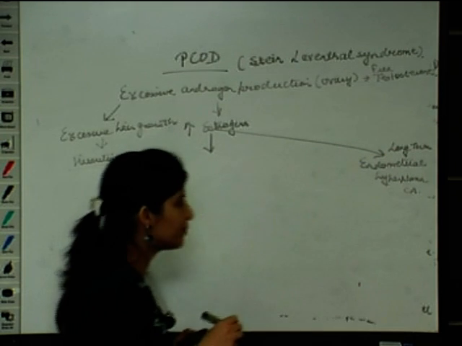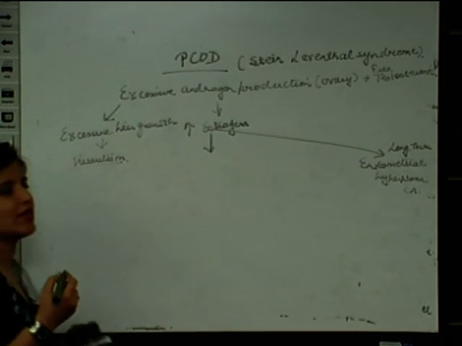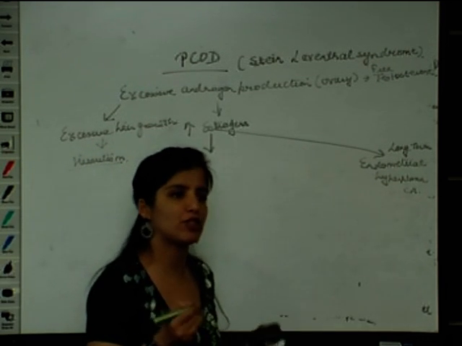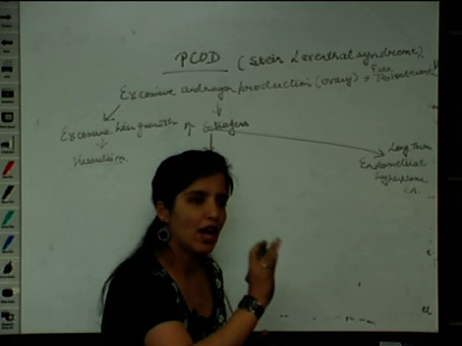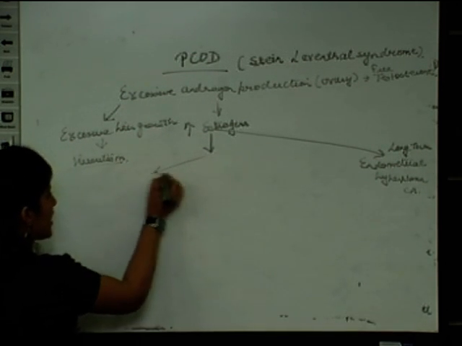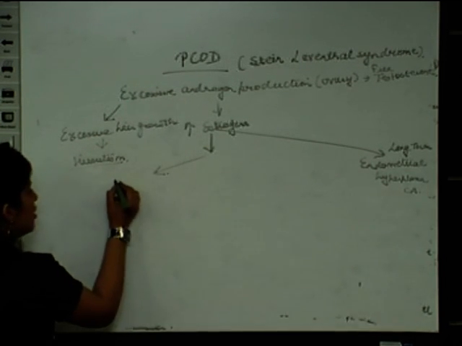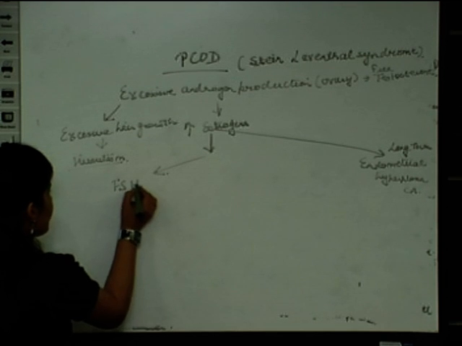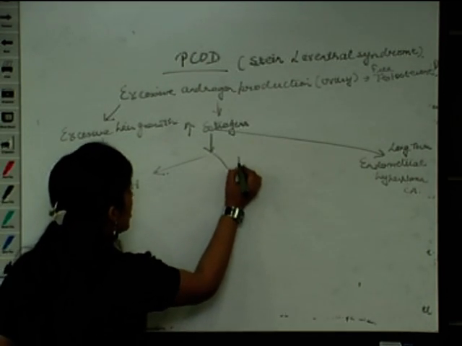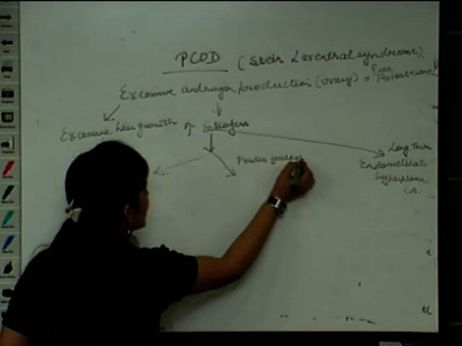That is one problem. Other problem is that in a normal menstrual cycle, you know that estrogen has a negative feedback on follicle stimulating hormone. Now, if there is excessive estrogen, there will be excessive downregulation of FSH, so the levels of FSH will be decreased. Whereas estrogen has a positive feedback on luteinizing hormone.